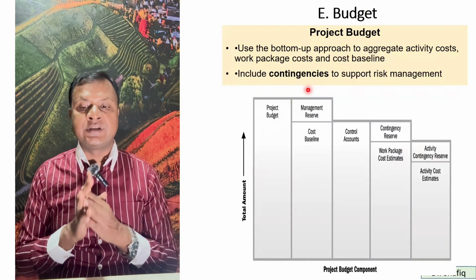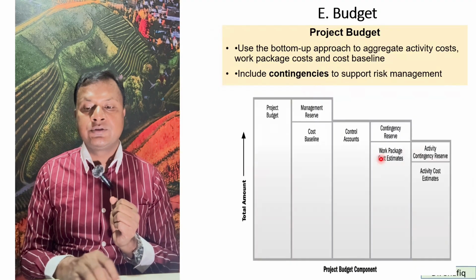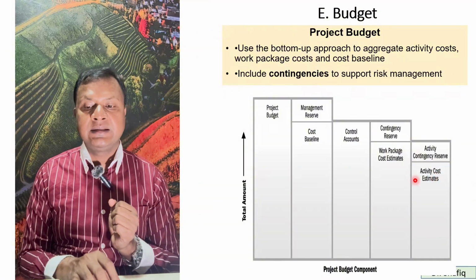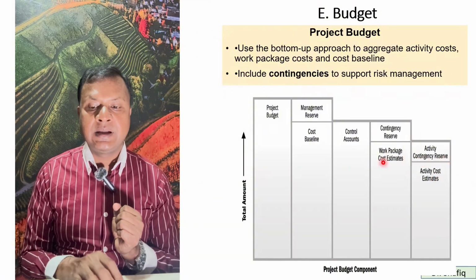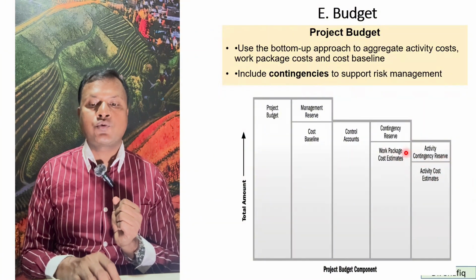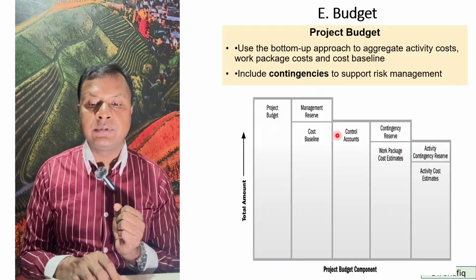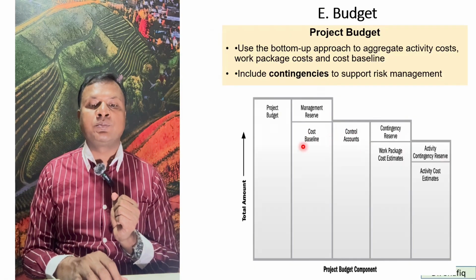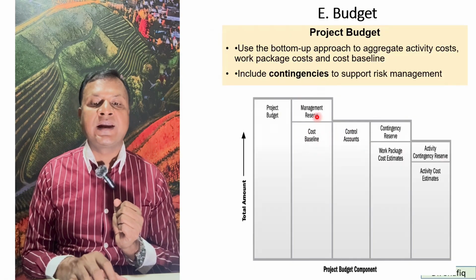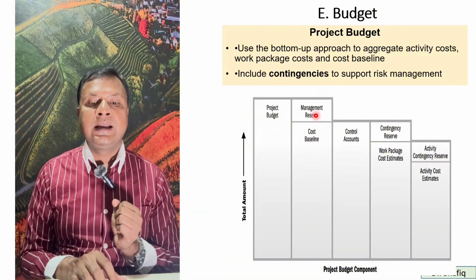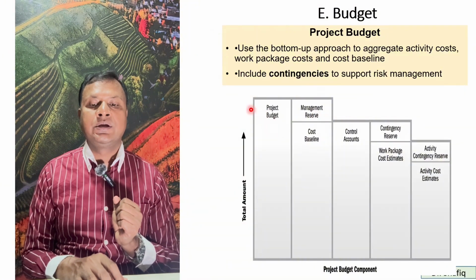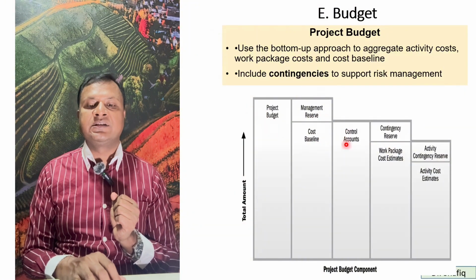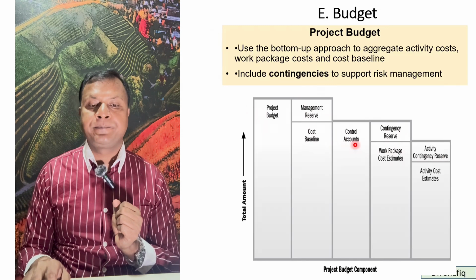Include contingencies to support risk management. So this is the activity estimate, then activity contingency reserve, then the work package contingency reserve, then the control accounts, and finally the cost baseline. With this, we can add the management reserve, and then we get the whole budget. So this is the budget at completion, BAC.